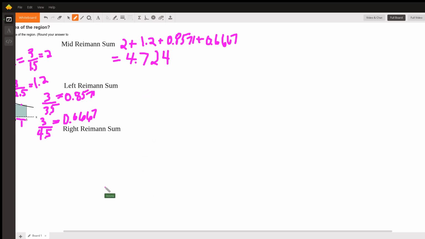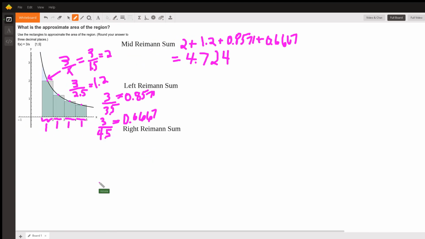Now, I wanted to do the mid first because it's the most obvious. If instead we choose to go up the left side of each rectangle, let me see if I can draw it with one of these.